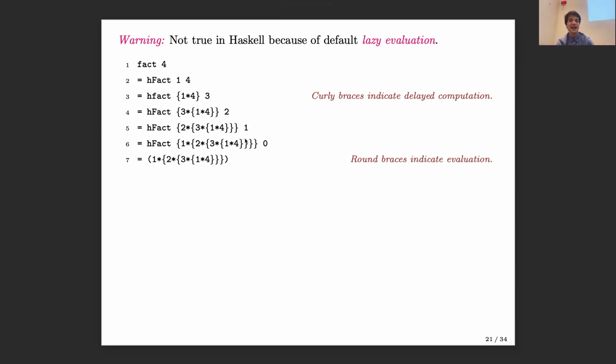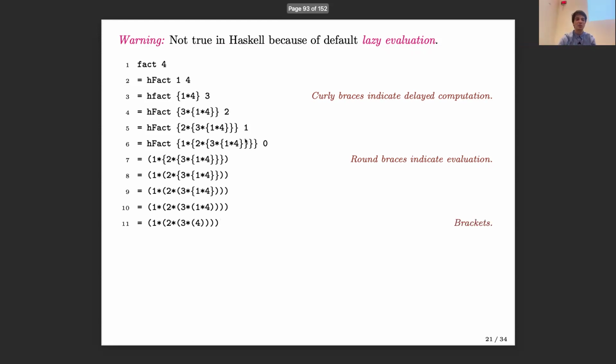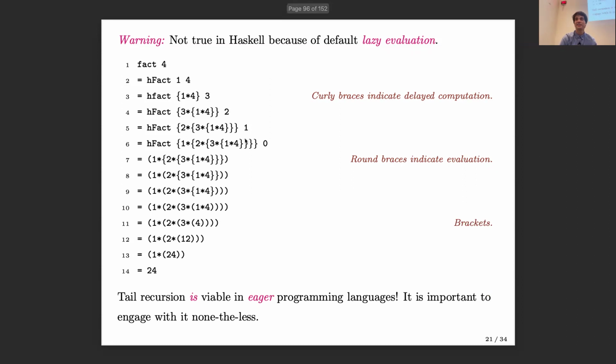So we didn't actually avoid winding, because now I've just returned up this winded, lazy expression that Haskell is now going to evaluate like that. So we just reintroduced the winding and unwinding. I am being honest with you that using tail recursion in Haskell is not a good idea, but we still need to learn how to use it, so I'm going to force you to do it anyways.